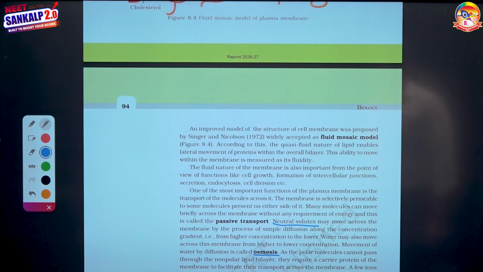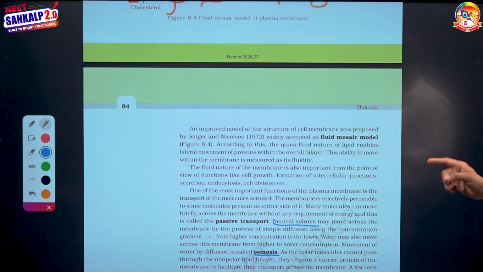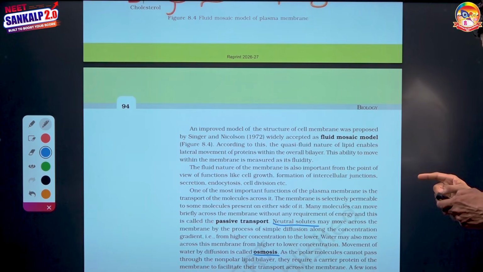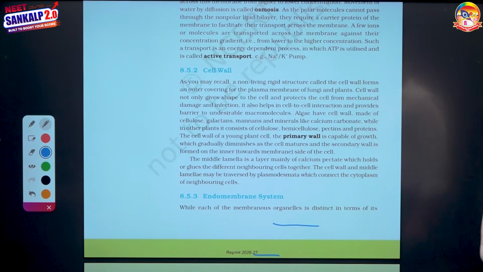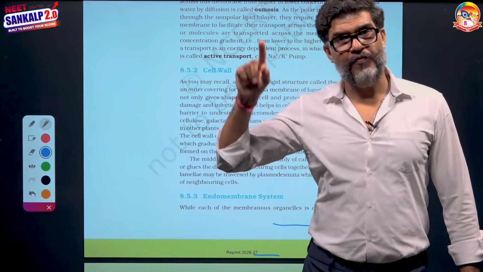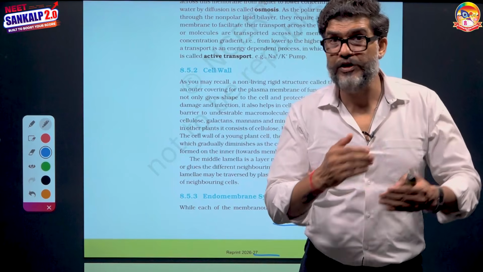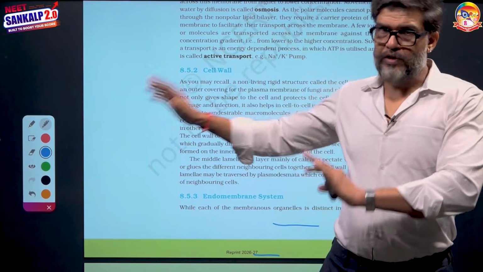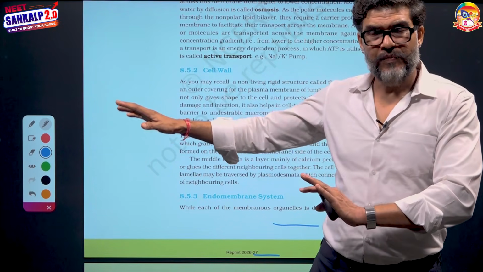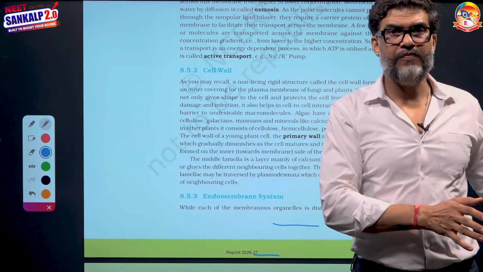As polar molecules cannot move through the non-polar lipid bilayer, they require carrier proteins of the membrane to facilitate their transport across the membrane. So polar substances will pass across the membrane either through facilitated diffusion or through active transport. Now how are they different? If a concentration gradient is there and a carrier we are using, it is called facilitated diffusion.